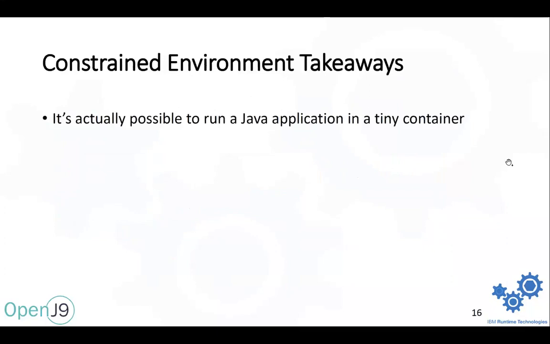So basically, the takeaway is that you can actually run Java in a very constrained environment if you move the compiler. And the reason that becomes important is because you can actually run many, many applications on a single machine. You can move the compiler to a separate machine.